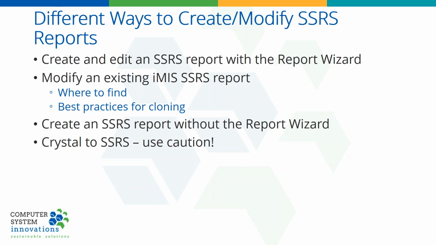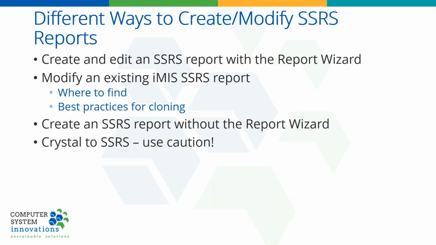When you want to clone a report, this is always a great way, and I've talked about those SSRS reports that ASI has put into the latest version of iMIS. Hey, if those reports look good and they get you almost to what you need in that report, clone that report. Use what they've already given you and make your edits. So you would make a copy of that RDL file, do a save as, and rename it to give it your specific customized name.